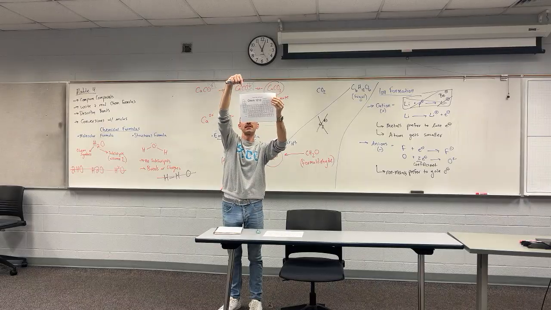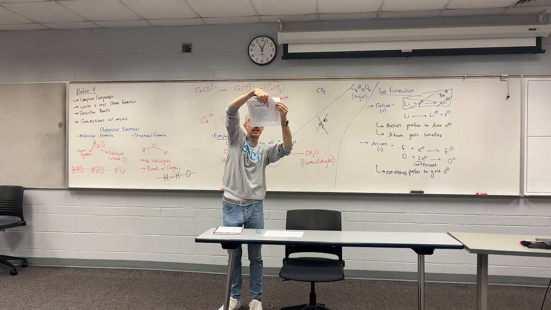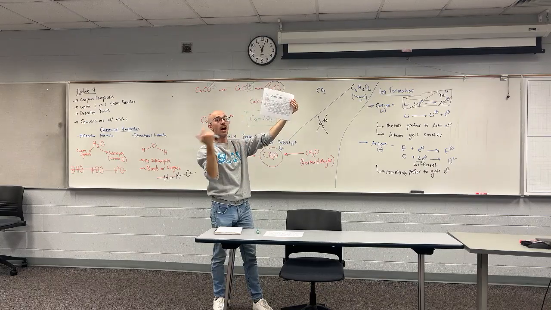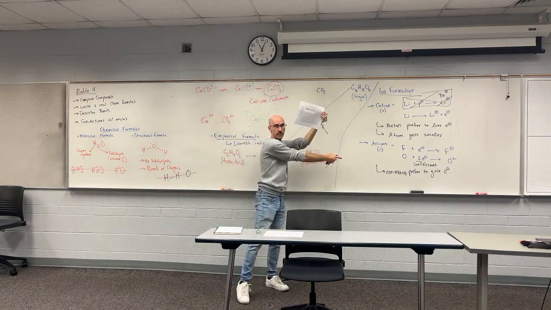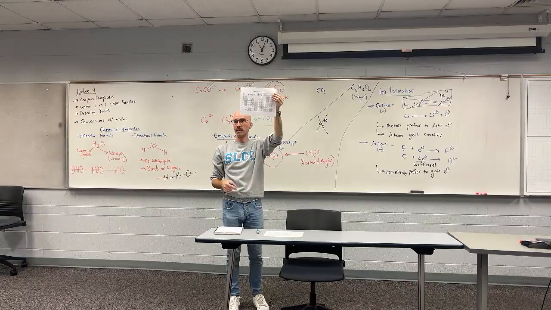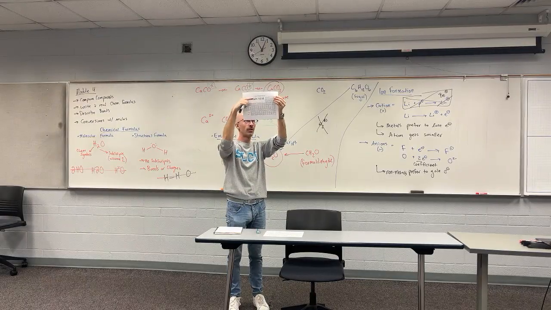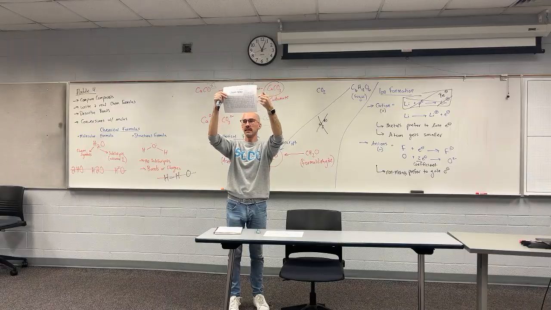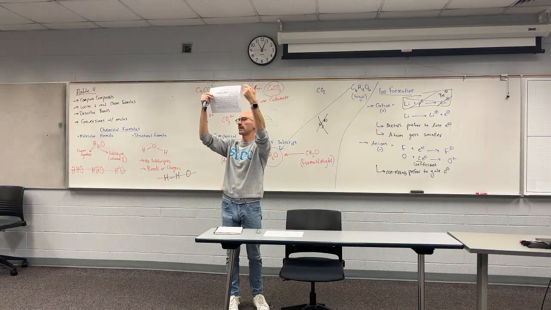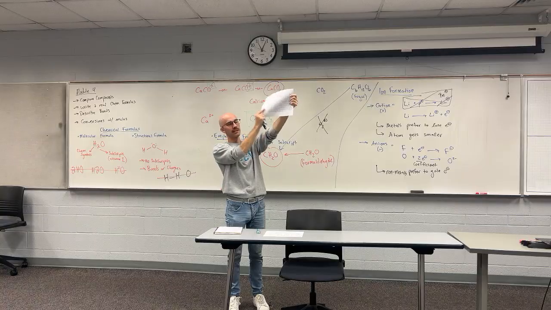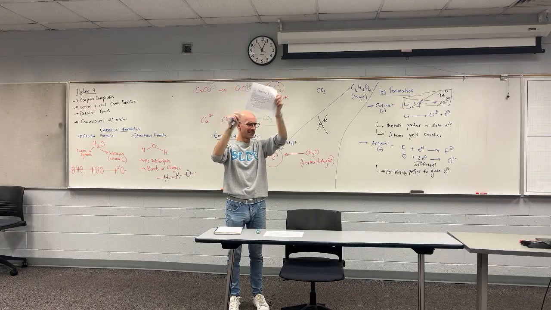Metallic character increases as you go down the periodic table and to the left. Non-metallic character, things that prefer to become anions, increases as you go up the periodic table and to the right. Helium is your most non-metallic element. And then we could say that francium is your most metallic element.